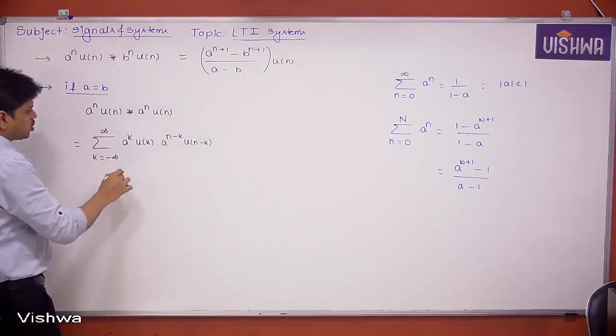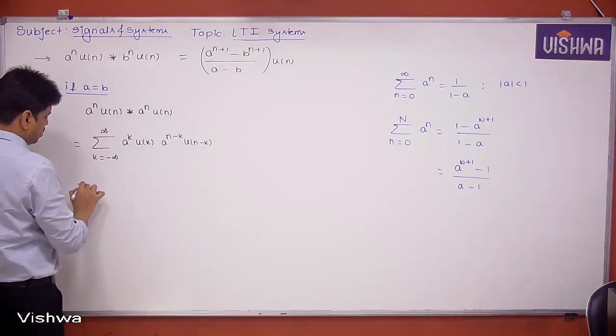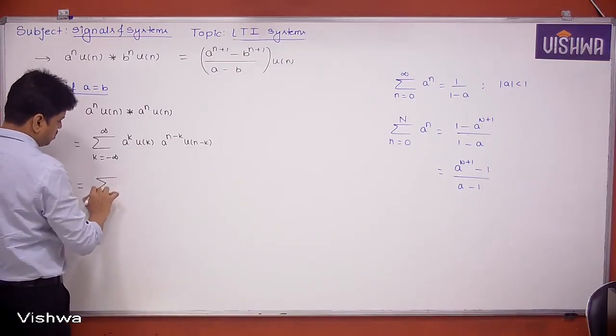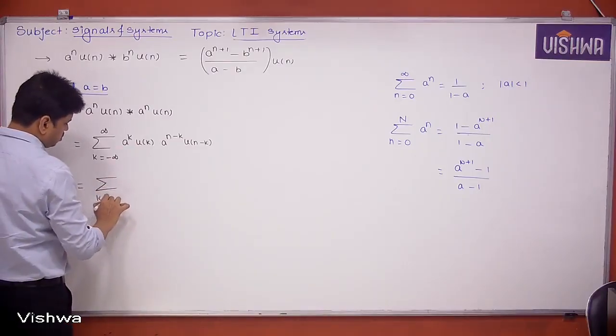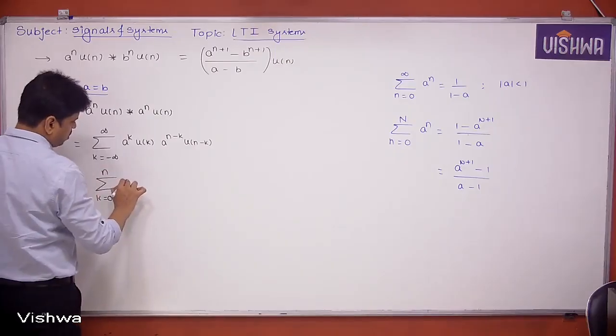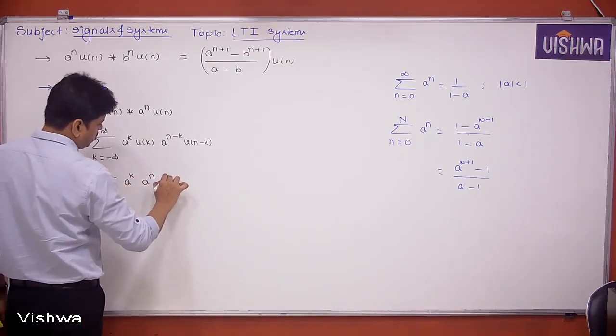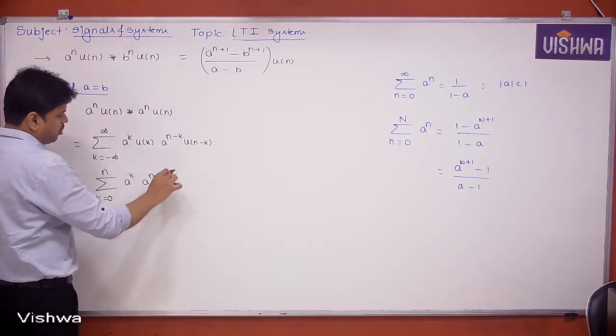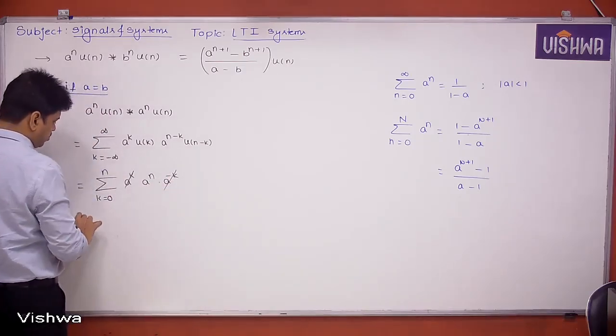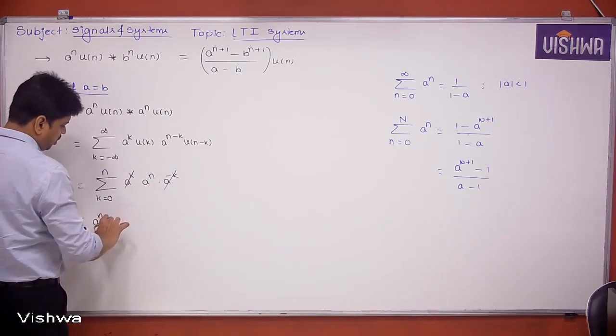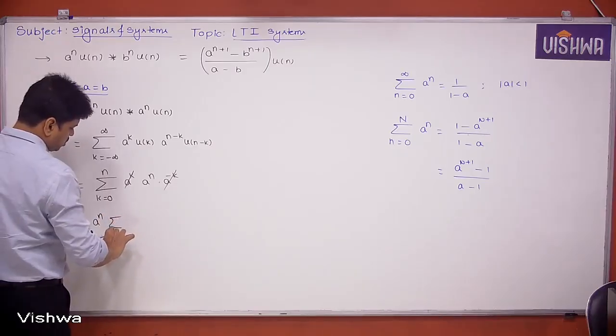If I remove this u of k and u of n minus k, this is going to be summation k is equal to 0 to n of a power k times a power n times a power minus k. A power minus k and a power k get cancelled finally. If you take a power n out, it is summation k is equal to 0 to n of 1.